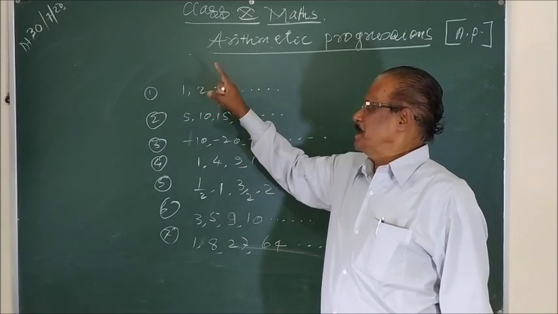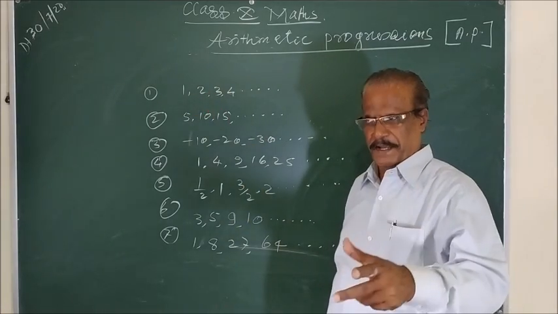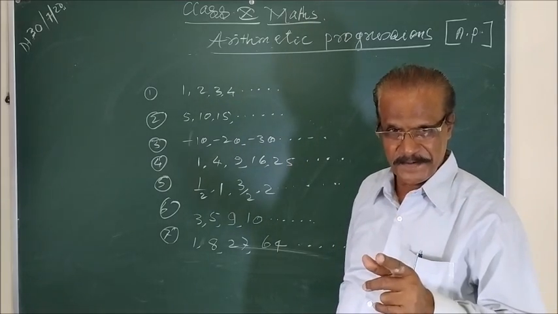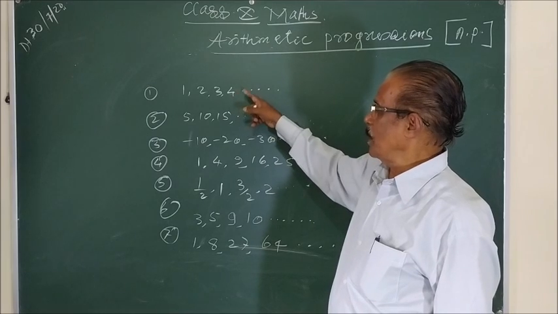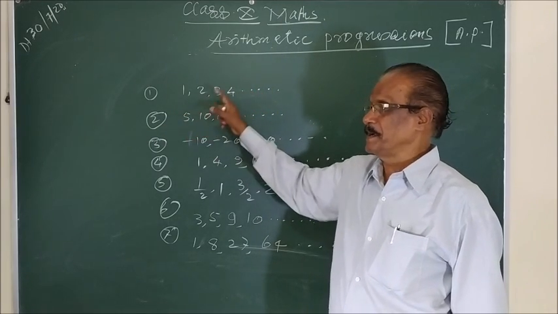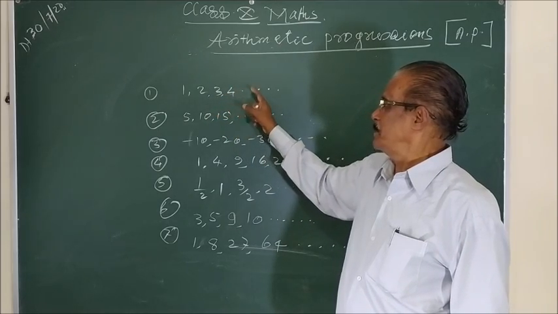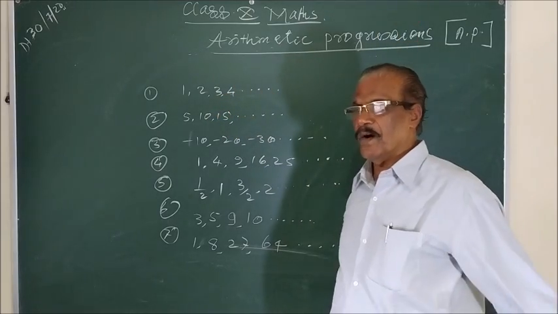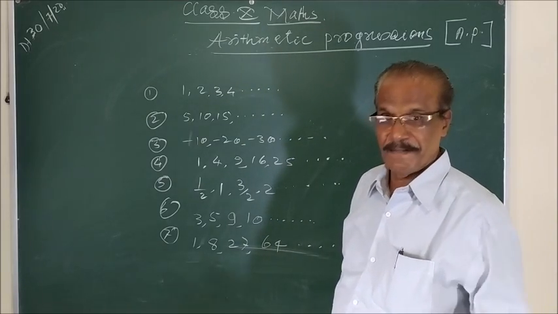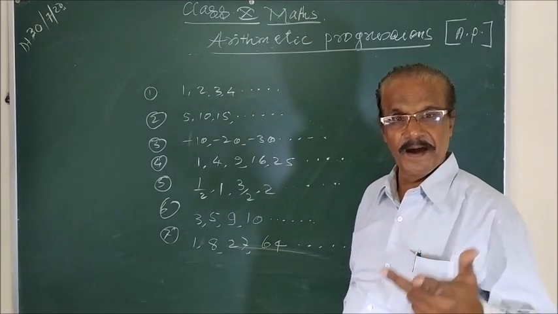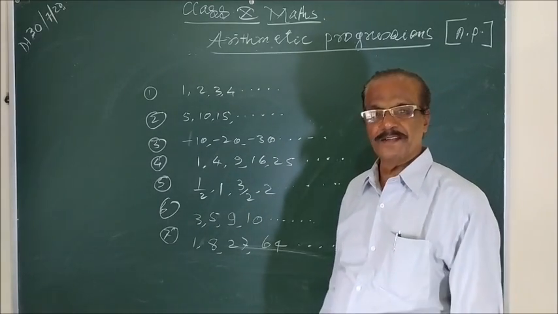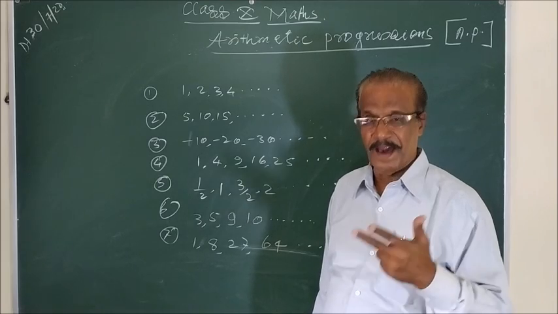We see the next number is obtained by adding 1 to the previous number. Suppose you have to write the fifth term, these are called terms: first term, second term, third term, fourth term, dash, dash, dash, dash. और लास्ट में हम पढ़ेंगे nth term. हिंदी में बोलते हैं 10वां, 12वां, तो इंग्लिश में nth term जनरल में बोलते हैं, इंग्लिश में 10th, 9th.